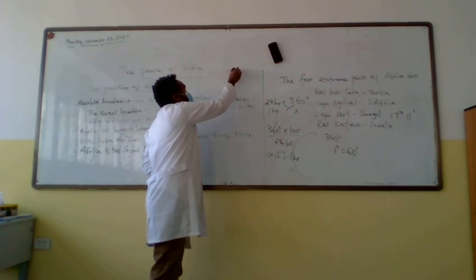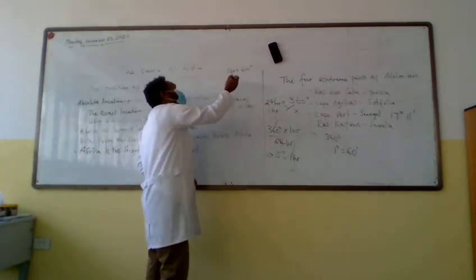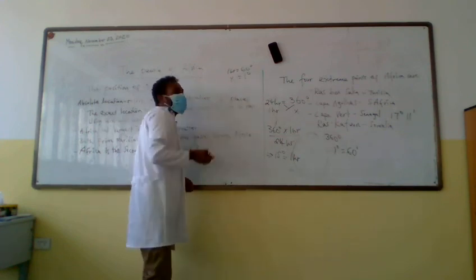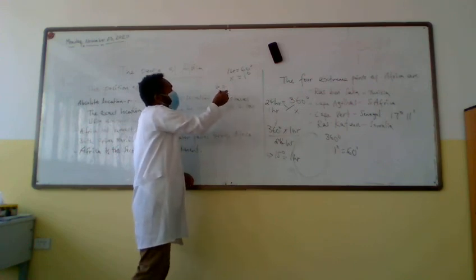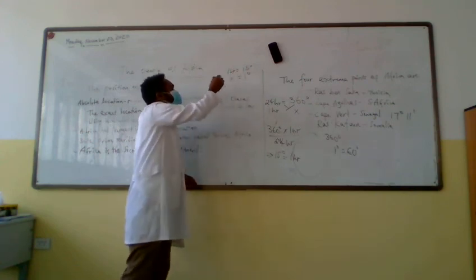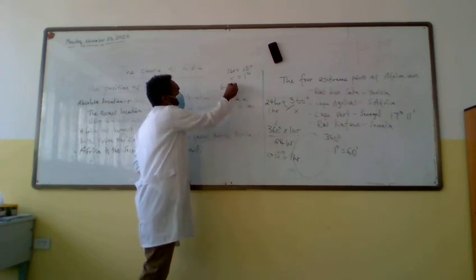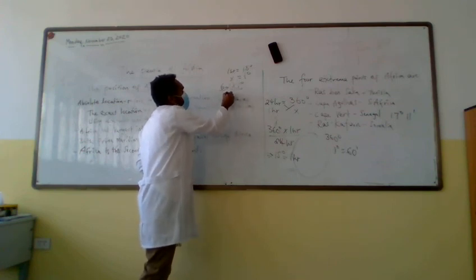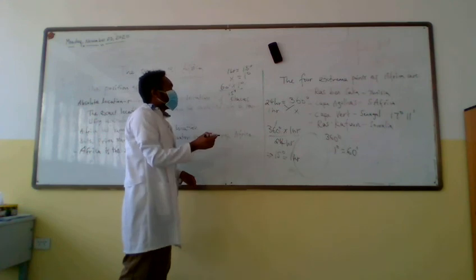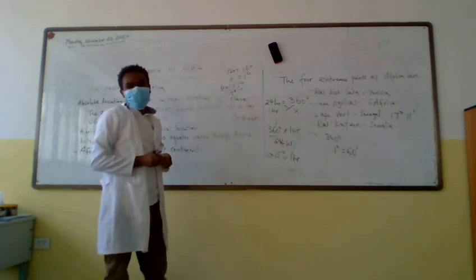So if 1 hour, which is 60 minutes, covers 15 degrees, how many minutes does it take to cover 1 degree? 60 minutes times 1 degree over 15 degrees gives 4. So 1 degree takes 4 minutes.